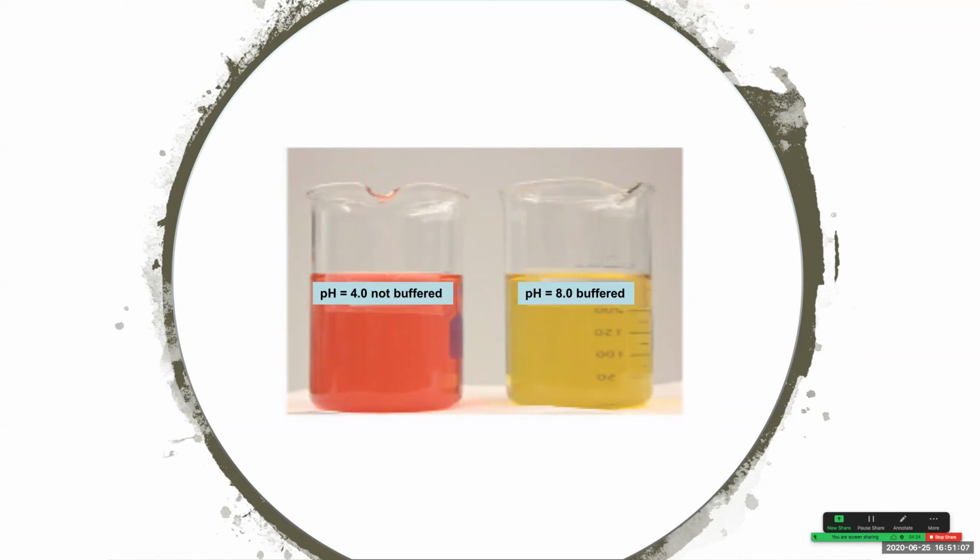The one that is buffered, the pH stays at 8. In these solutions, we had a pH indicator, so when the pH changed to 4, the solution turned red. If you remember the PowerPoint where I had a demonstration of the purple cabbage pH indicator that changes color at different pHs.